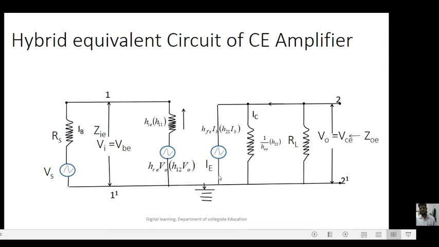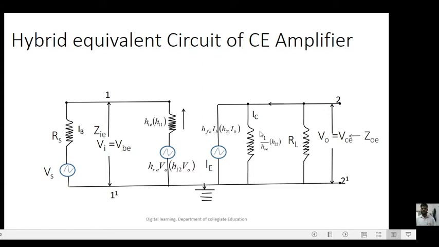IE is the emitter current which is common to both the input and output sections. HFE is the forward current gain ratio, H21, in the output section, times IB, the current flowing in the output section.